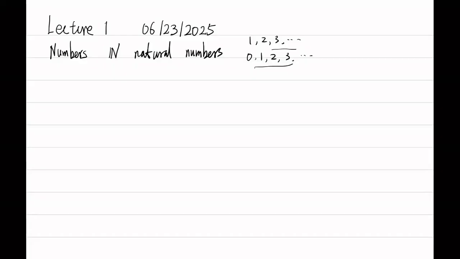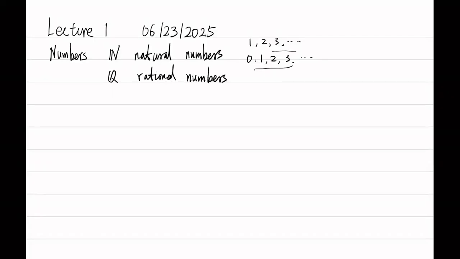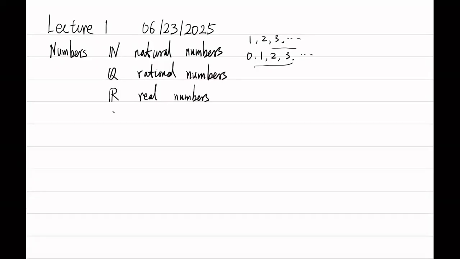Then we have the rational numbers, then the real numbers. And then maybe in the future, we will introduce complex numbers.